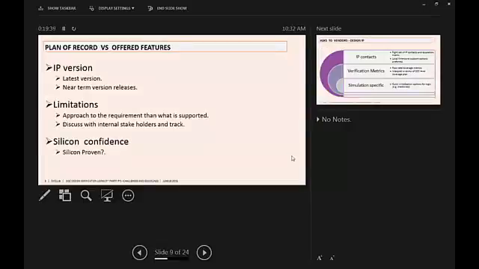Plan of record versus offered feature. It's always better we choose the latest version of the design IP. That's very obvious, right? It's not actually, because in some SoC systems, it may be possible that, for cost reasons, the vendor may try to sell at a lower cost.